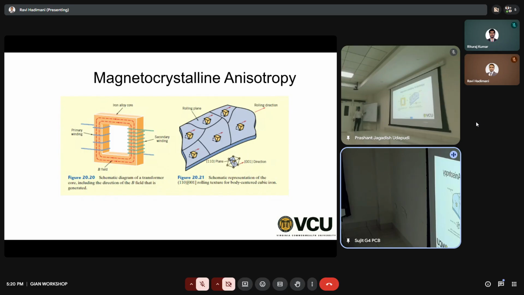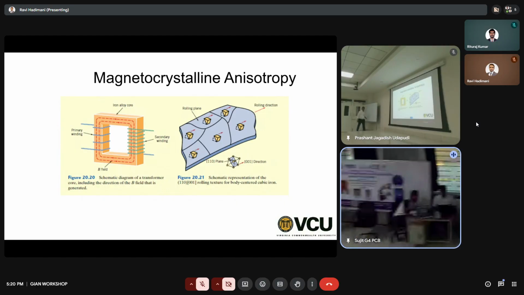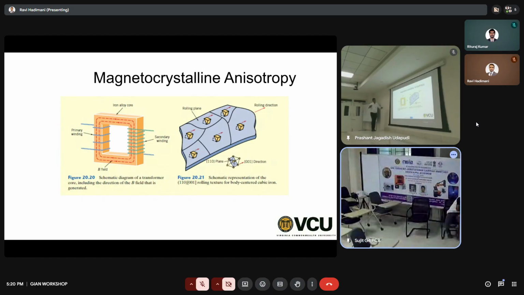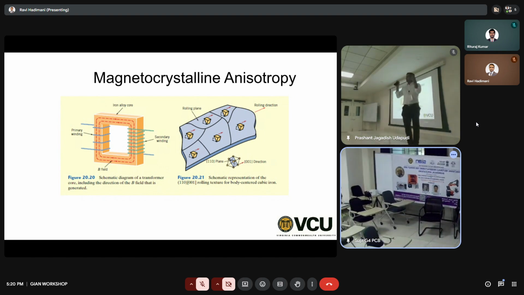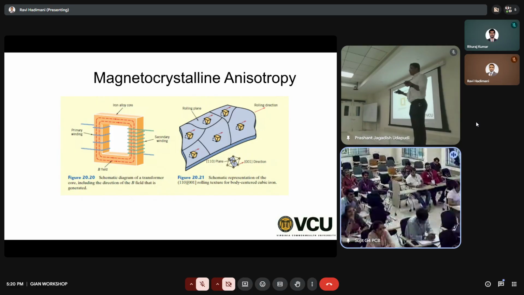So that means we can make use of this texturing. If we can grow a single crystal, that's perfect, right? But we know that growing a single crystal is very difficult. So what you do instead is the crystals might form, but you somehow make the crystals orient in one direction.